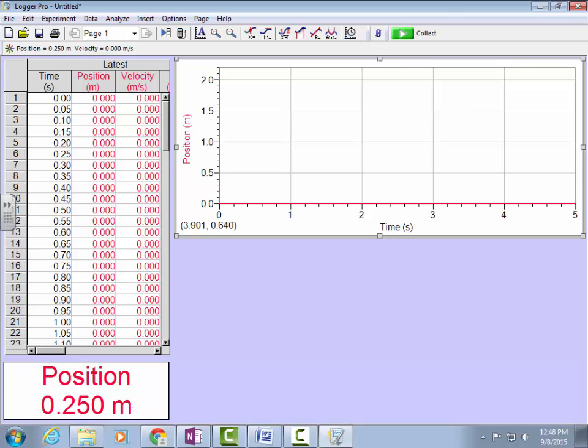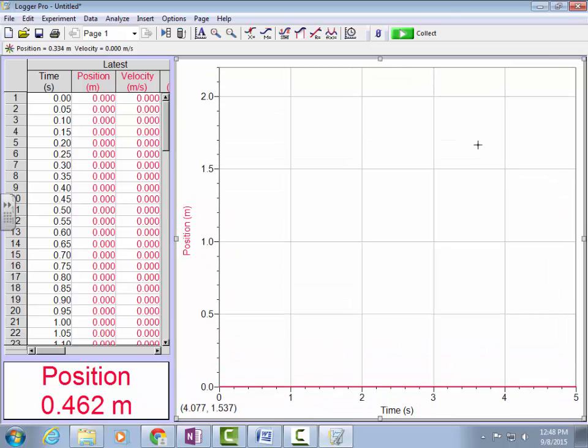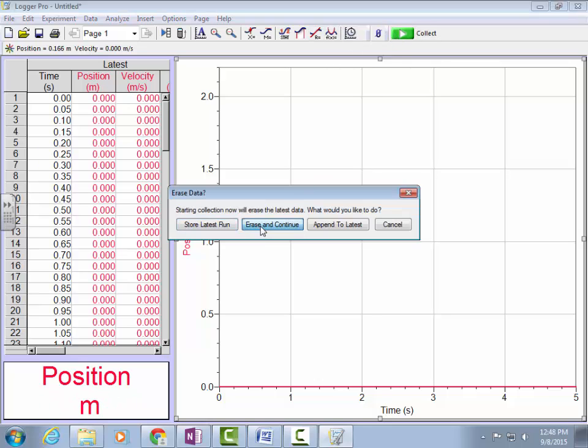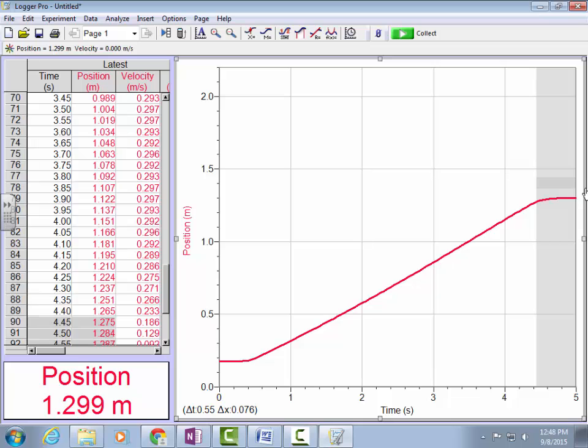I would just want to enlarge this thing across the entire window. There we go. And here we are. Physics works. So let me erase the data points that don't correspond to the motion.